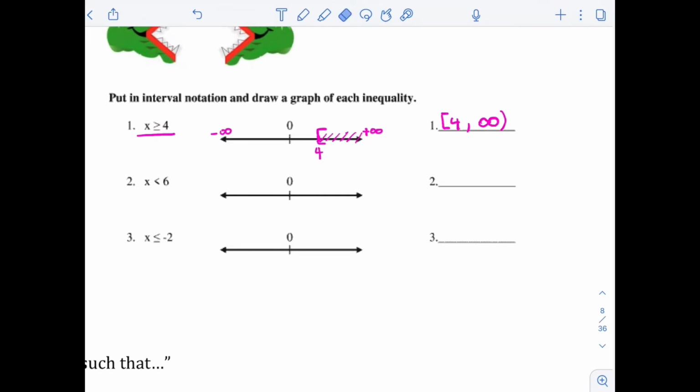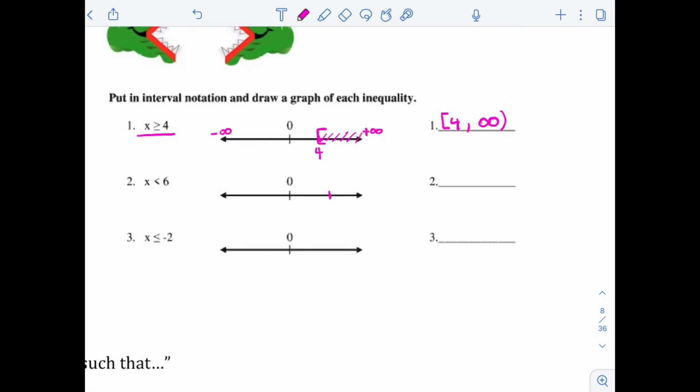Let's look at the second example. The second example is x less than 6. 6 is still greater than 0, which means it's going to be on the right side of 0.